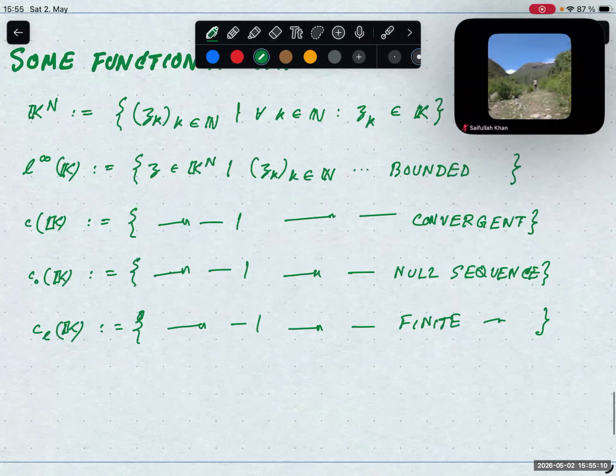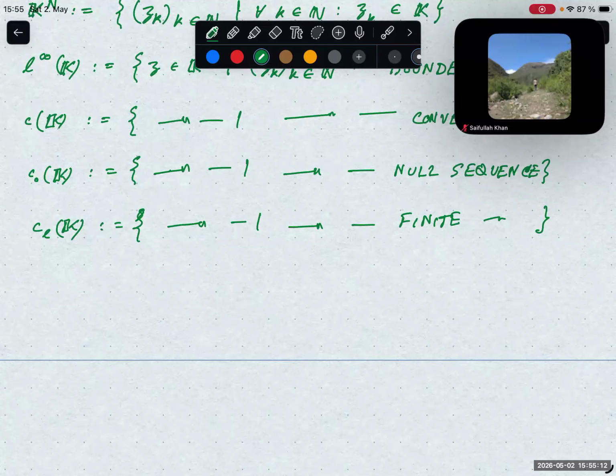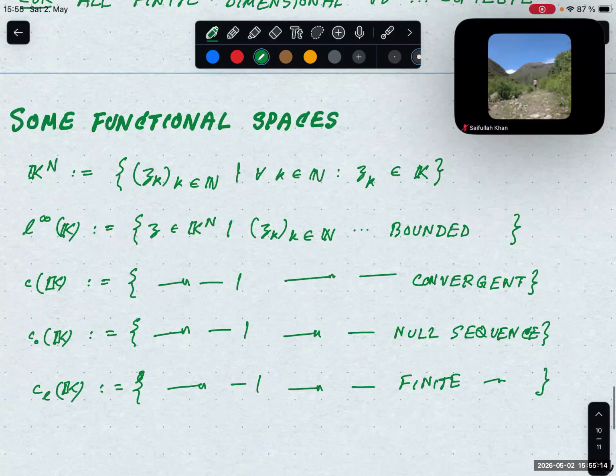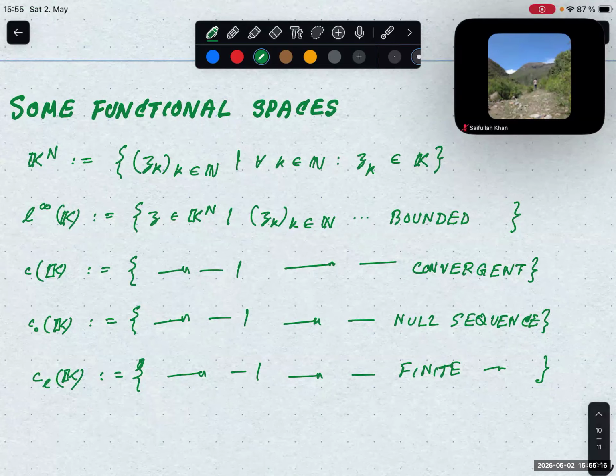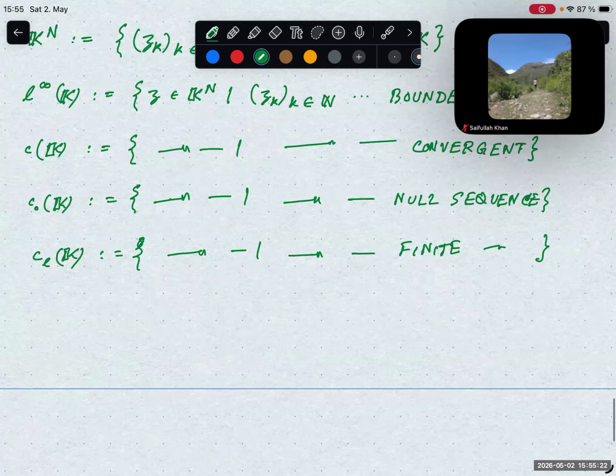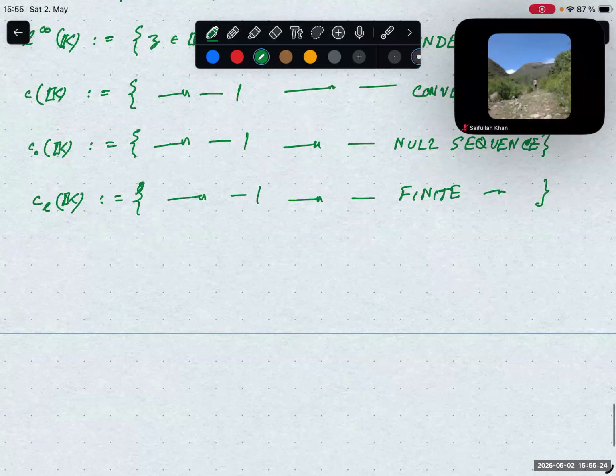Okay, now some more spaces. Strictly speaking, these are usually called sequential spaces or sequence spaces, but let me put it. So yesterday we introduced this Ck or C0 space. So we continue. We have already a notion of bounded, so maybe we go for a bounded one.